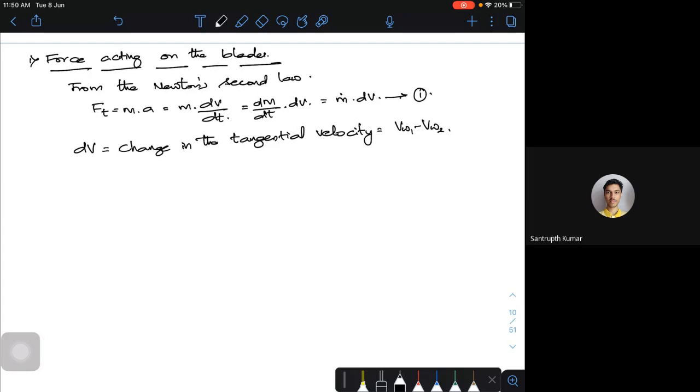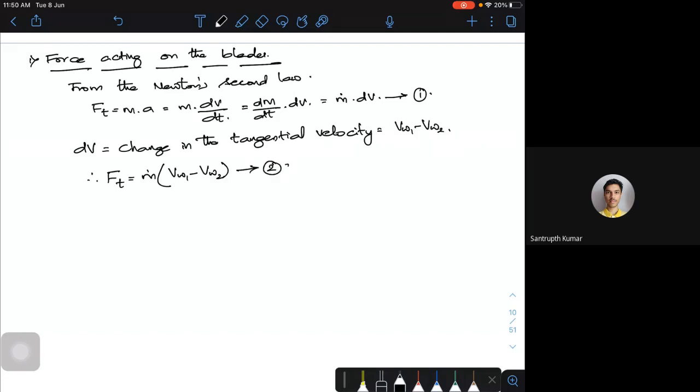So therefore, I can write your tangential force is equal to m dot into Vw1 minus Vw2. This is my equation 2.